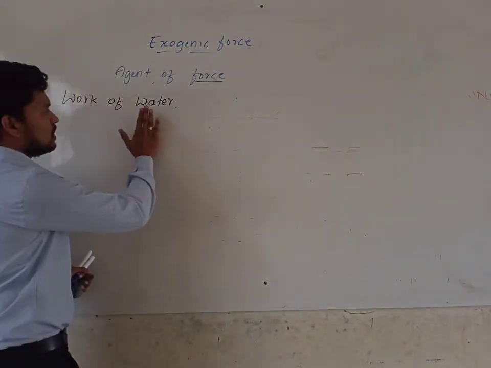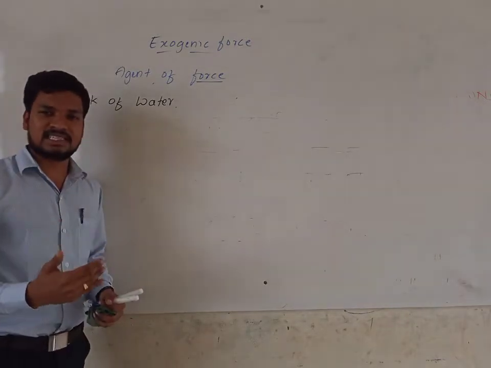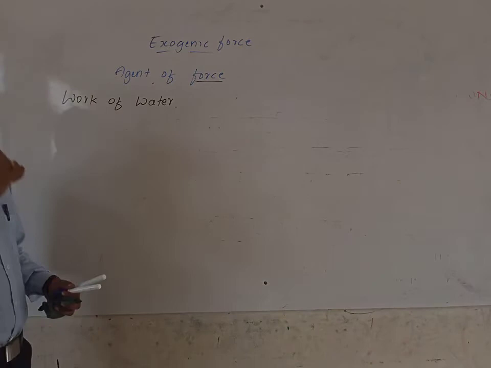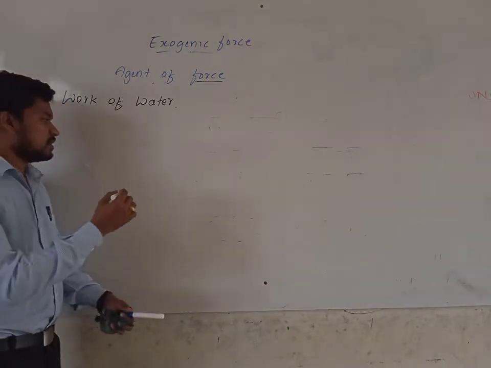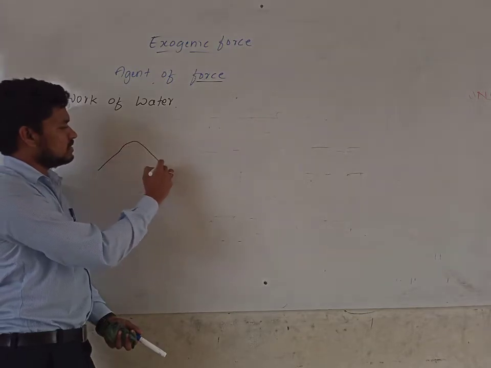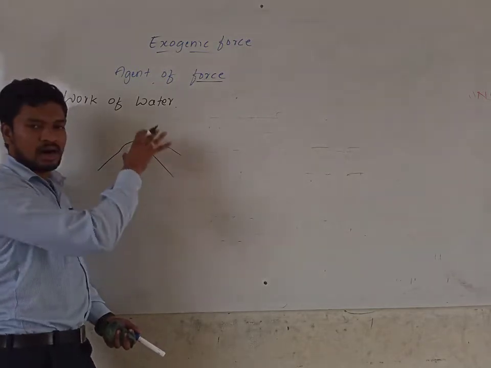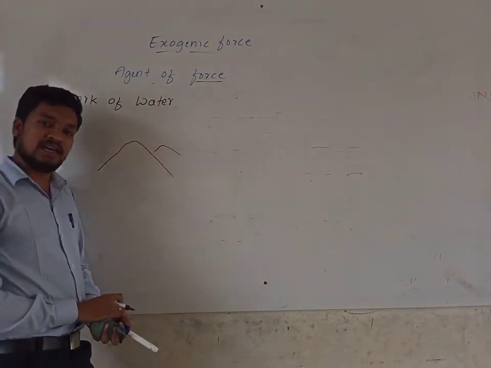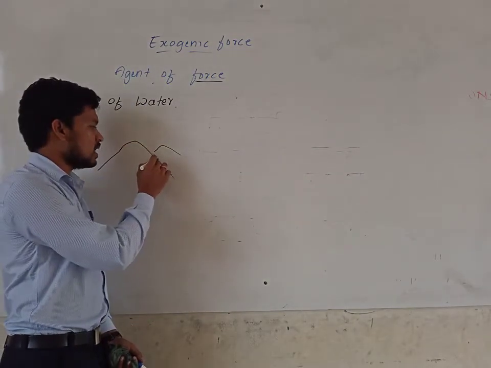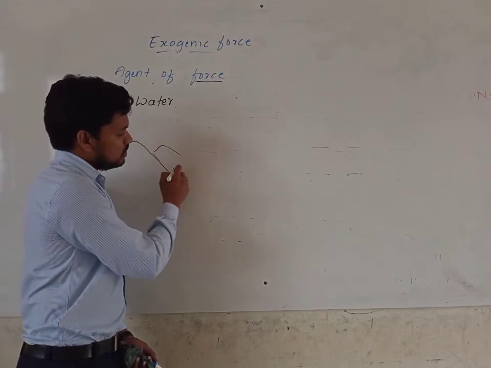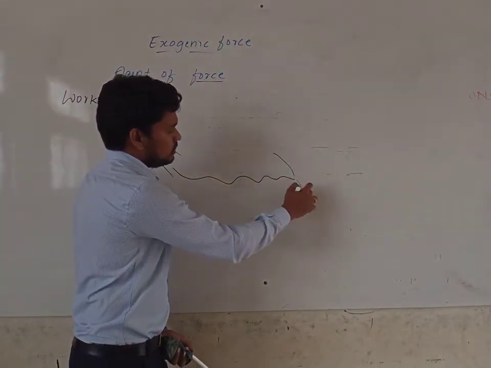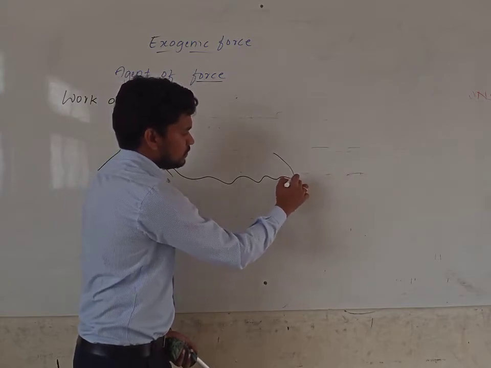Mainly, the work of water we are discussing is in relation to the river. In the river we have three courses, three levels. You know that rivers originate in high altitude areas, in the uplands, get water, and flow towards the slopy areas, and finally connect to the ocean and sea.